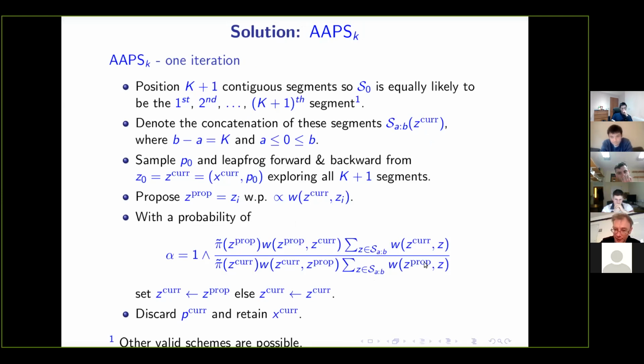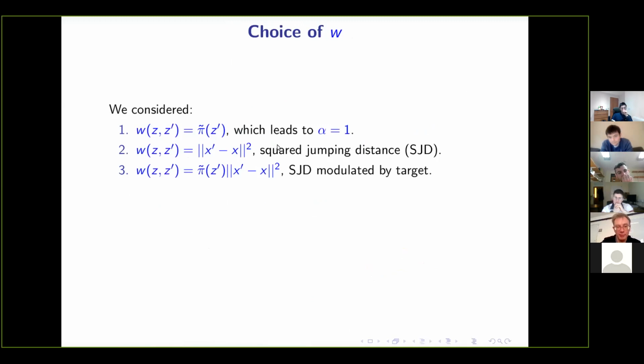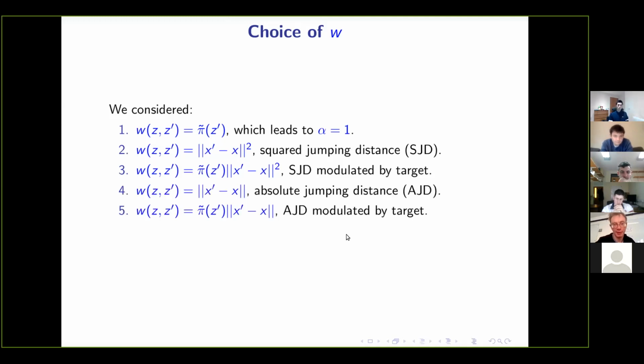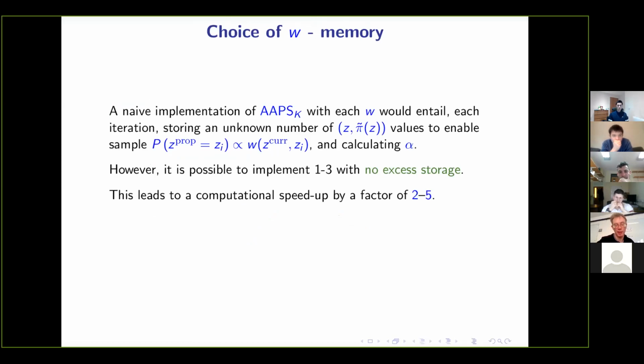But it turns out, even with that, the first 3 of these, which is basically pi tildes and squared jump distance, you can do without storing the whole thing in memory. And that actually led to quite a computational speed up, because having to store, say, 1,000 points in memory, and these are each 40-dimensional for both position and momentum, was a lot.